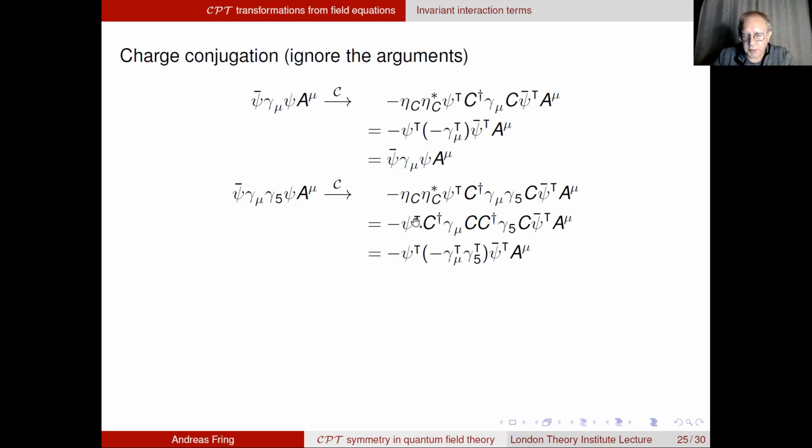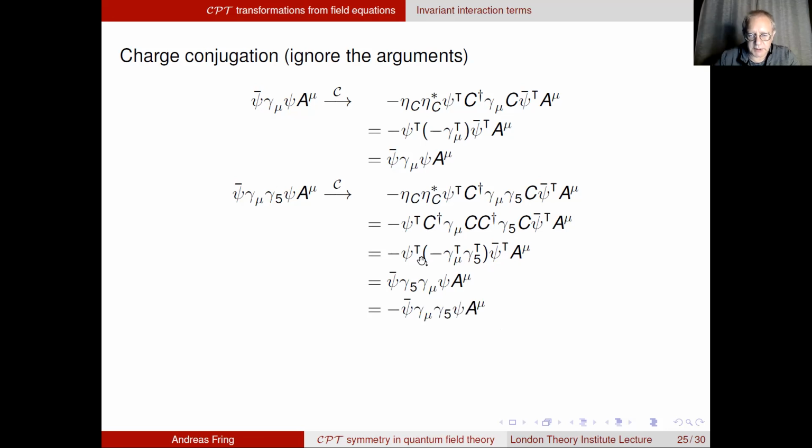From the gamma mu action, we get a minus gamma mu transpose, and the gamma 5 is just transposed with no sign. And then we have all transposed here. We change the order, and these two minus signs are compensated, and we get this expression.